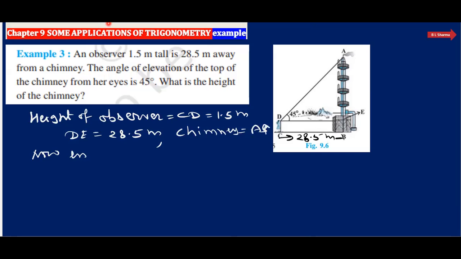But first of all, in right triangle AED, we calculate AE upon DE.